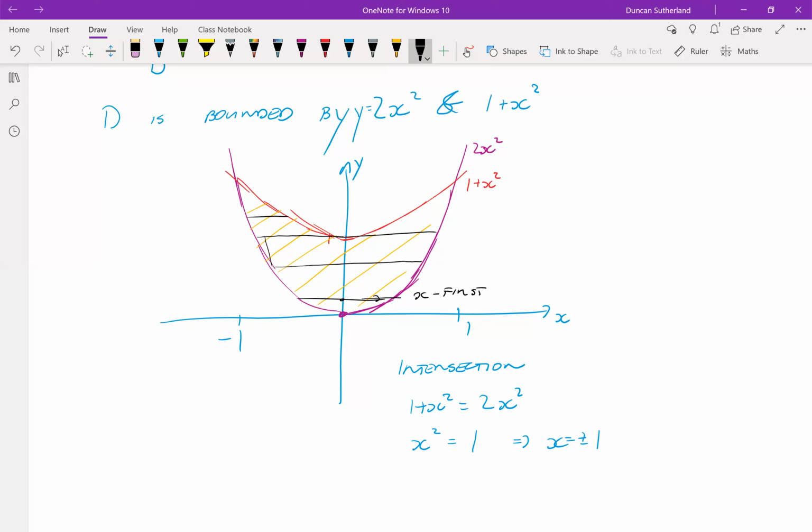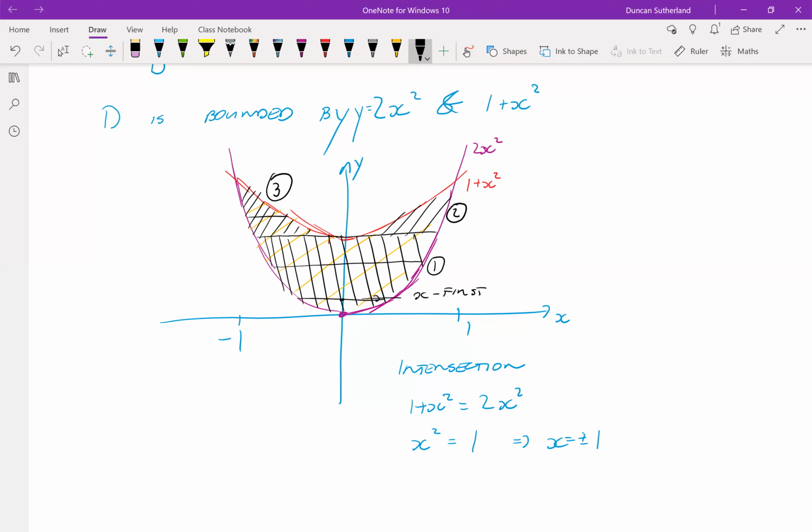We would have to do one region here, another region here, and another region in here as well. So we'd have 3 different regions to try and deal with. So that's really not terribly practical. So we don't want to do that.